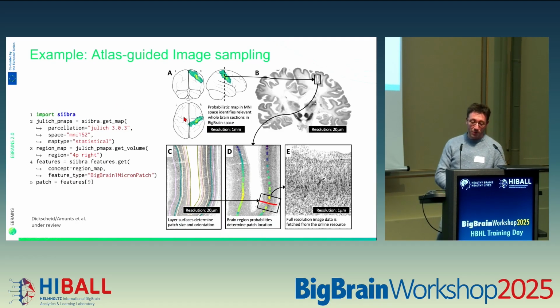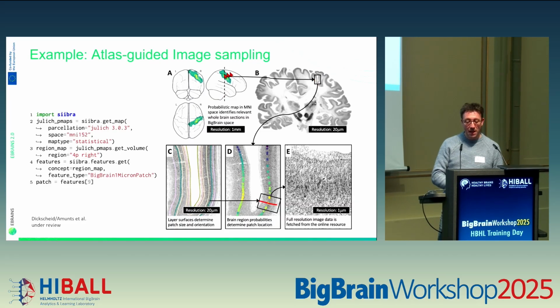So what that looks like and what happens under the hood is we have this map in MNI space defined at the millimeter resolution. This map is used by SIIBRA to search through the available brain sections, which we have just seen in the browser ourselves. It finds one, indicated here with the dashed line, which sits at the maximum probability. It actually finds several; this is just one illustrated.